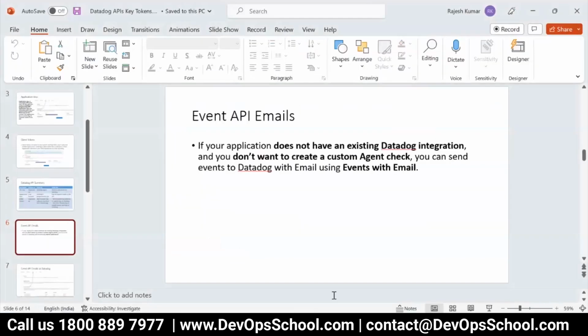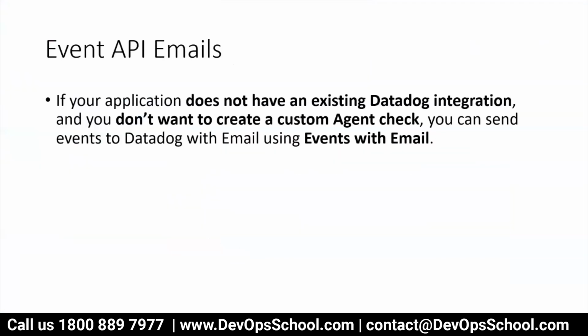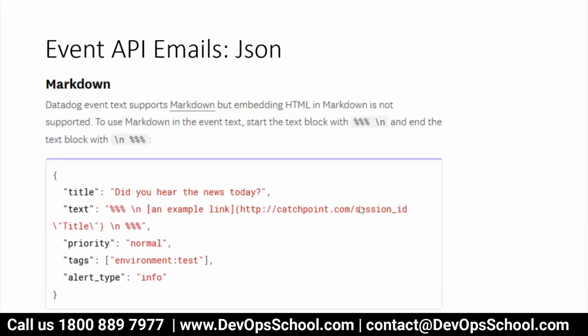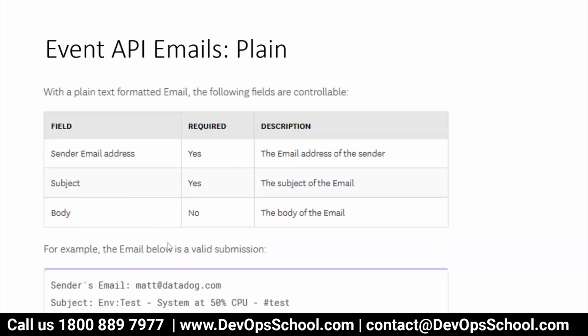Yes. So the plain text I sent. You can send this one also, a JSON file. So this is the format of a JSON file for the same event. Key value, key value, key value, and markdown. So this way it's very easy for you. Here you see that sender email ID is required, yes.